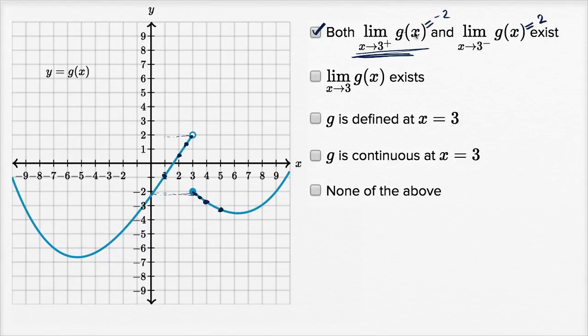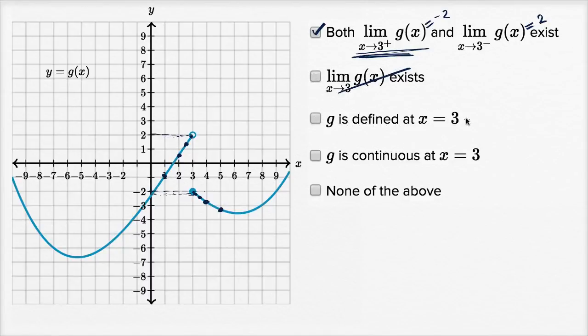Well, this first statement, we saw that both of these exist, but they aren't approaching the same value. From the right, we are approaching -2, and from the left, we are approaching 2. So this limit does not exist. So I will not check that box.